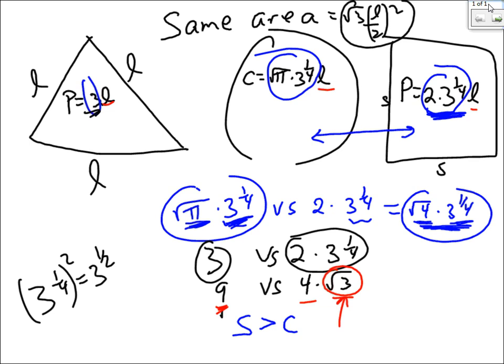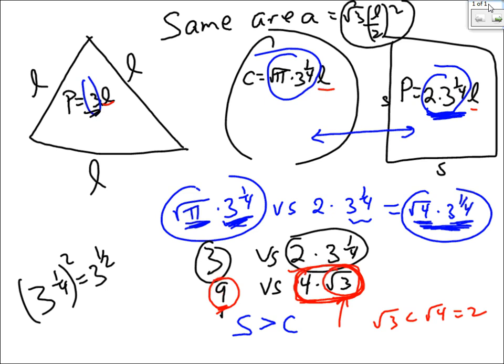If the square root of 3 is bigger than 2 1/2, then the right side is the winner. If the square root of 3 is less than 2 1/2, then the left side is the winner. Well, the square root of 3 is less than the square root of 4, which is 2. That is, this is less than 4 times 2, or 8. And this is a constant 9. The left side is bigger.